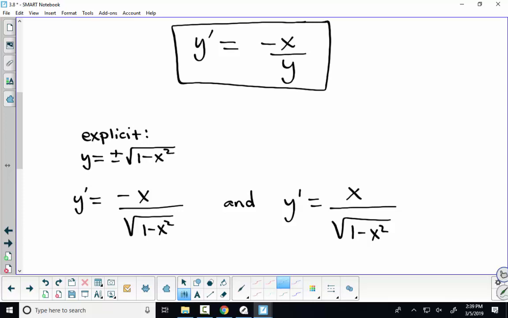So if we write this as what we know y to be, and this is negative x on top, right? Negative x over the positive root, that's here. Negative x over the negative root, that's here.